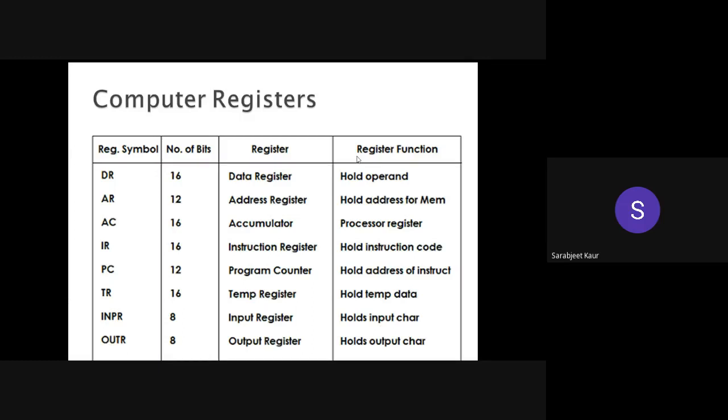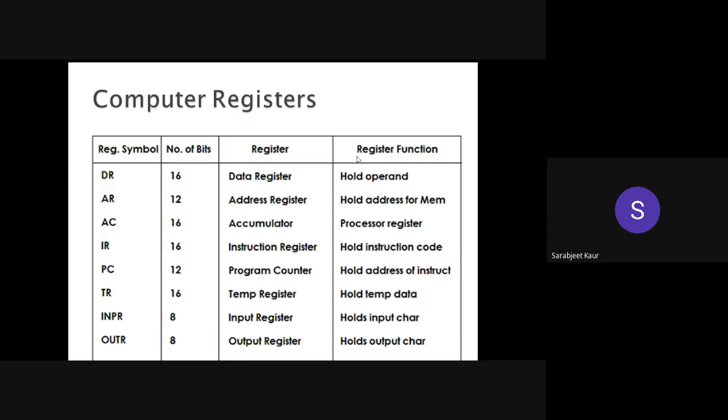So when we bring this instruction down from the main memory, in which register will we bring it? We will bring it in the instruction register. Is this entire chain clear to you? Yes, ma'am. Very good.